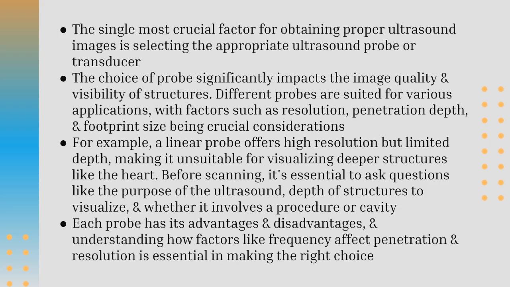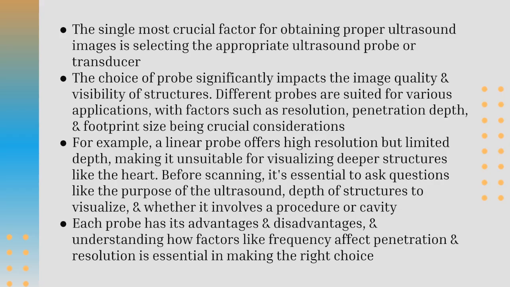Different probes are suited for various applications, with factors such as resolution, penetration depth, and footprint size being crucial considerations. For example, a linear probe offers high resolution but limited depth, making it unsuitable for visualizing deeper structures like the heart. So it's typically used for superficial or shallow structures such as vessels and other areas like breast, etc.